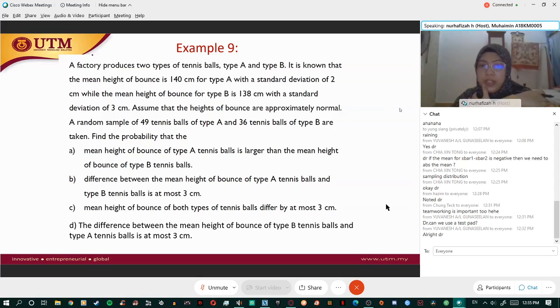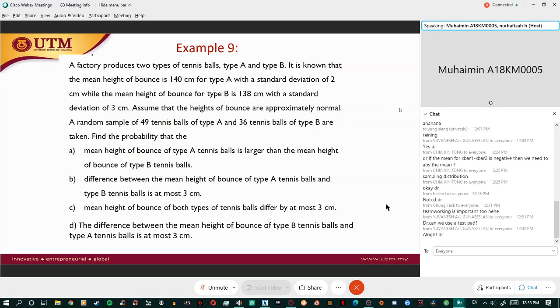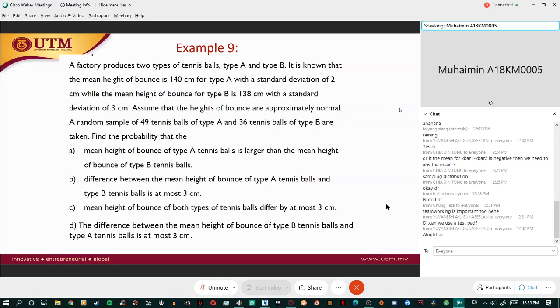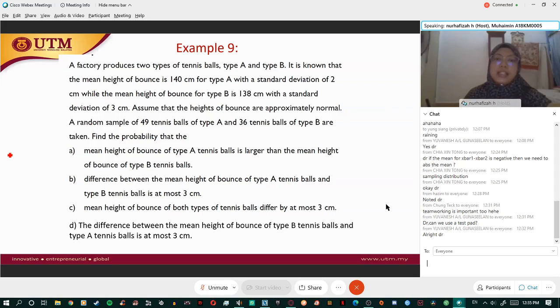The difference between is at most the difference. Oh, okay. For B, A minus B. For D, B minus A. It is just reversed. Correct. So the modulus is at C, right? Correct. Modulus at C. Okay, so for B, which one comes first?